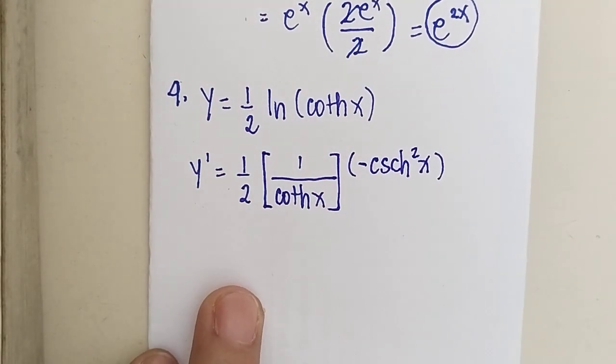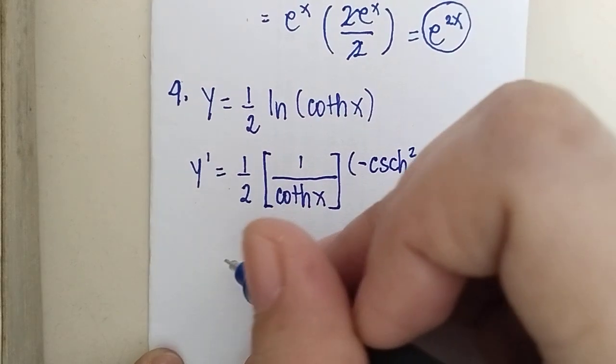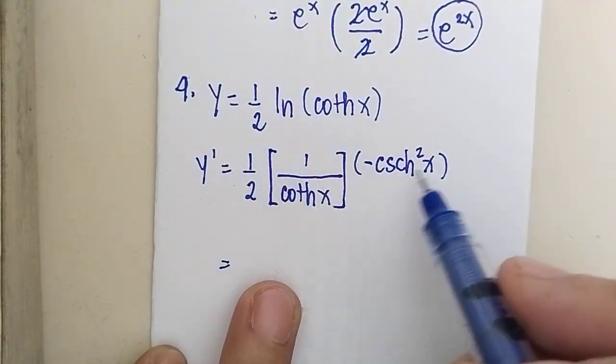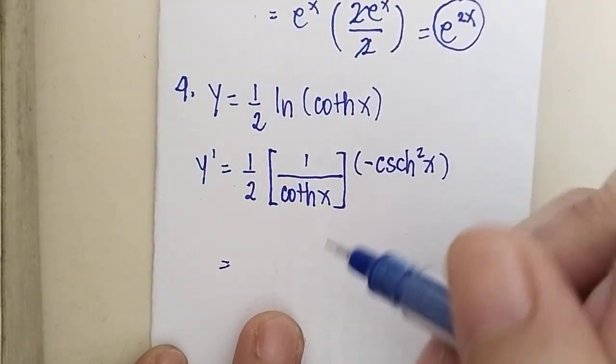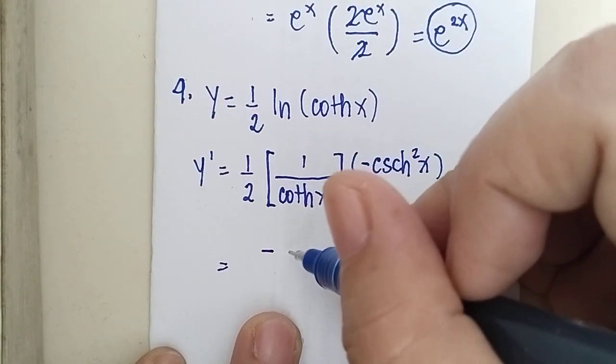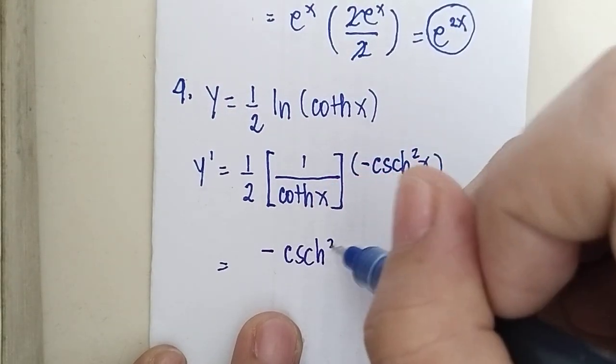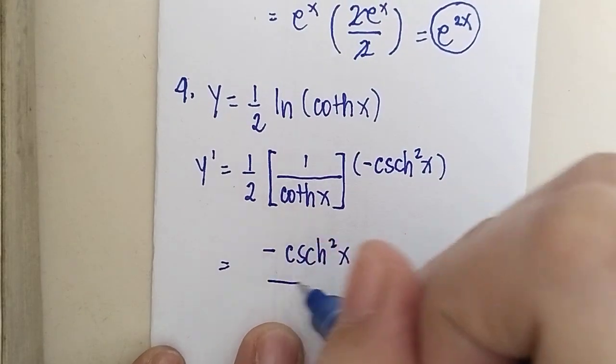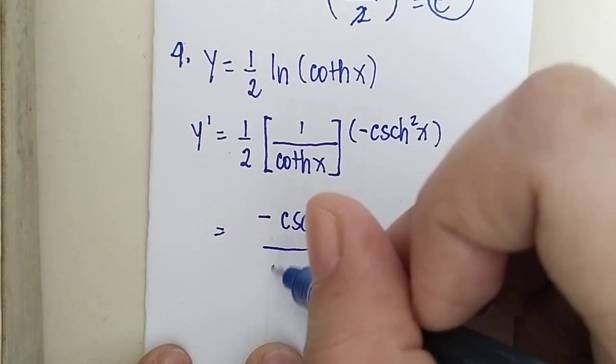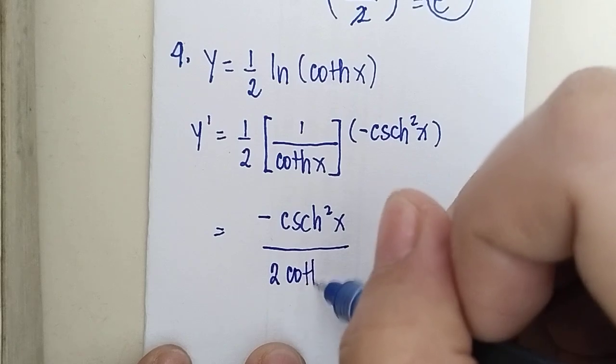So now, we have to simplify it further. 1 times negative, so that will be negative square of the hyperbolic cosecant of x all over 2 hyperbolic cotangent of x.